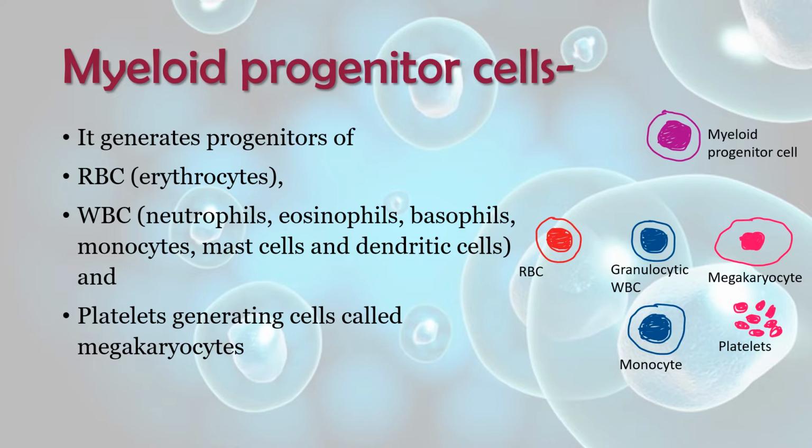Suppose this is our myeloid progenitor cell. It can act as a progenitor of RBCs, or erythrocytes, and this process is known as erythropoiesis, where the formation of RBCs takes place.